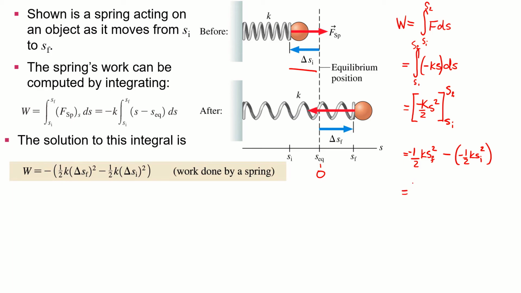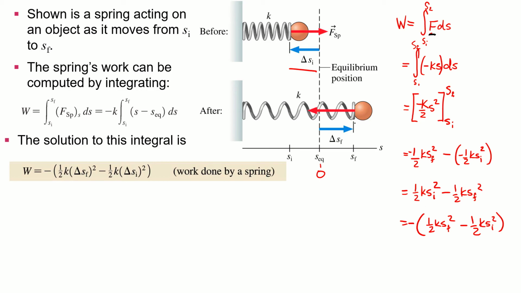If I rearrange, this negative and negative become positive, this one stays negative, and I get 1/2 k S initial squared minus 1/2 k S final squared. Or written the way they do it in the book, this is negative 1/2 k S final squared minus 1/2 k S initial squared.